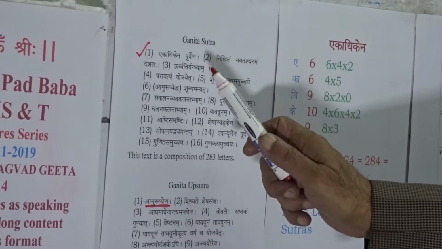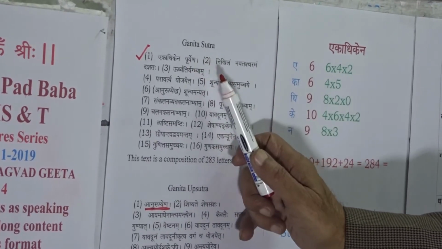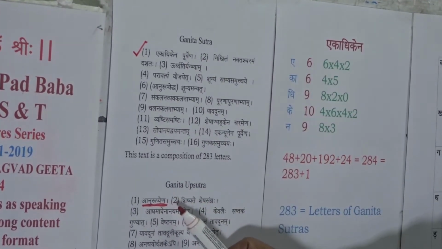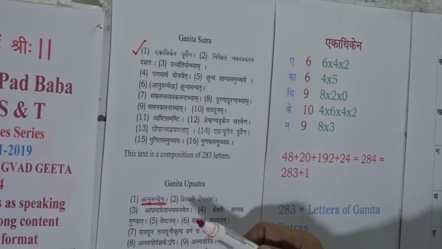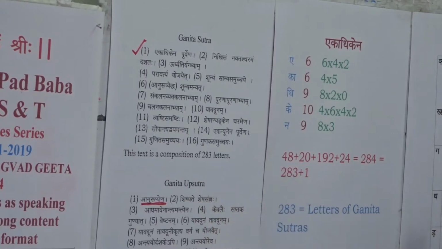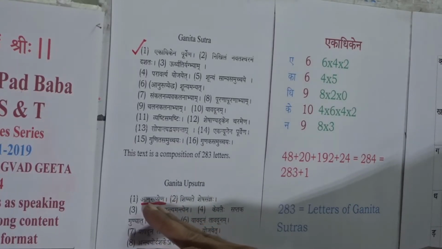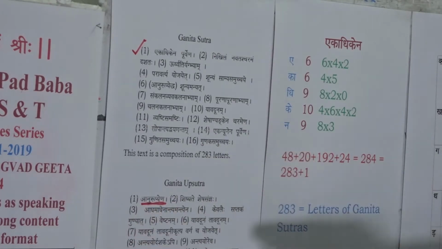Ganita Sutra 1 is one more than before, and Ganita Upsutra 1 is proportionate symmetry, or in follow the form as it is framed.